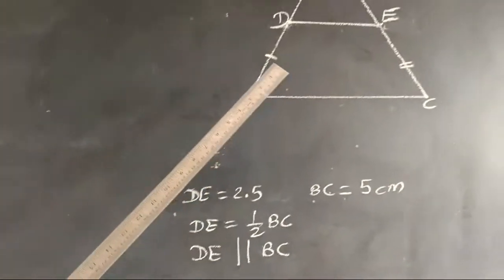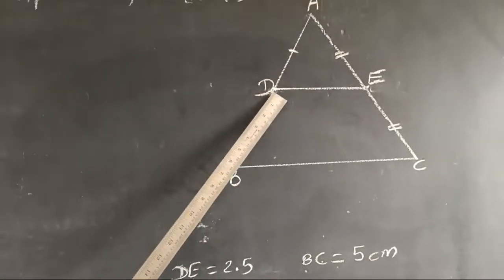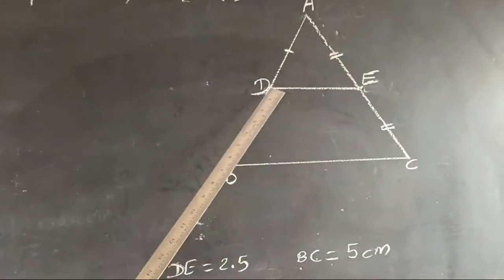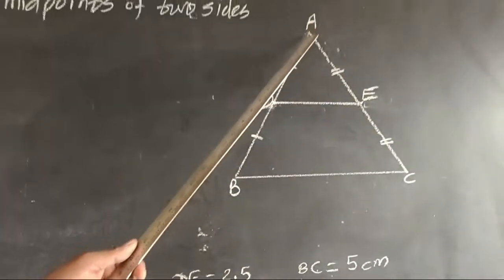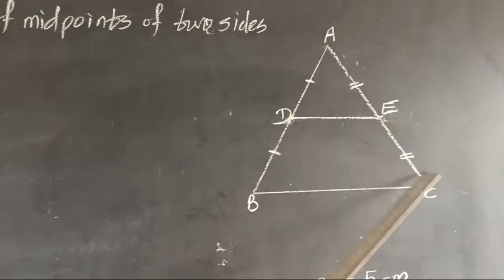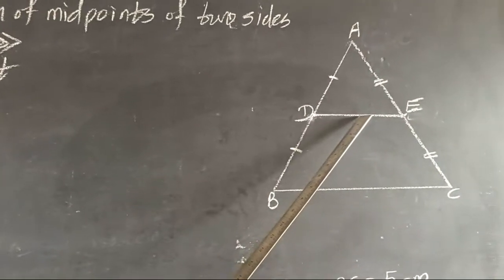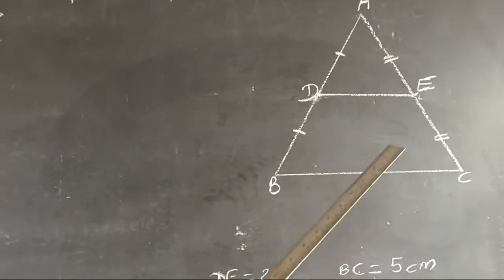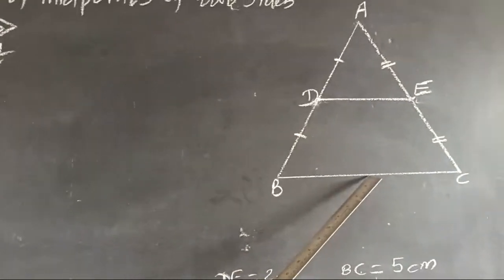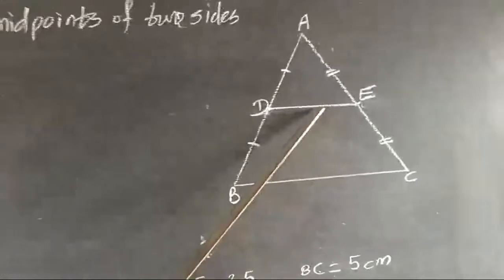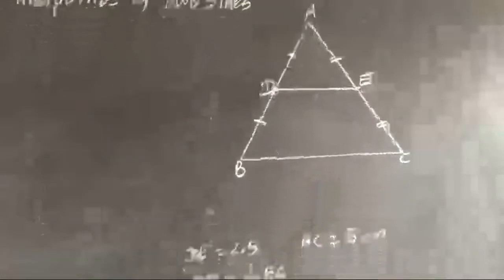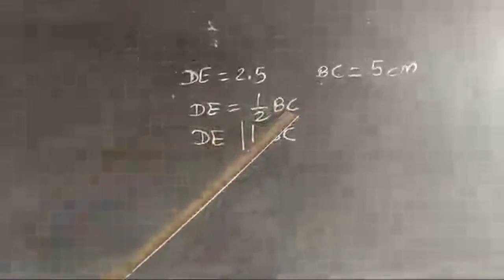So the theorem is: the segment joining the midpoints of two sides of a triangle is parallel to the third side and half of it.